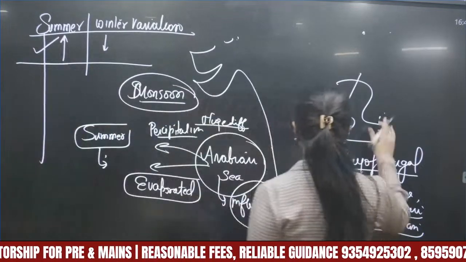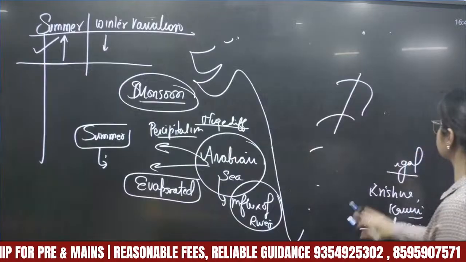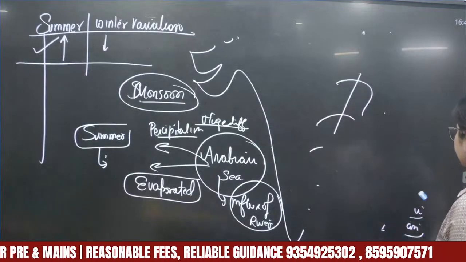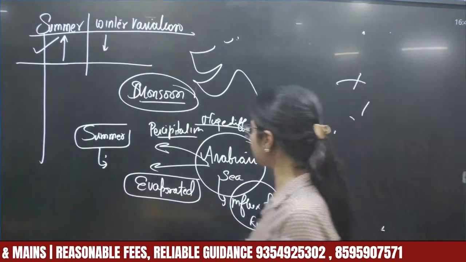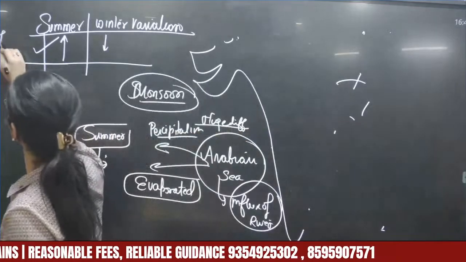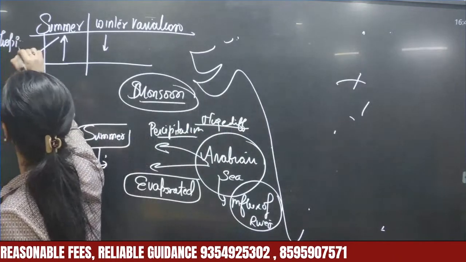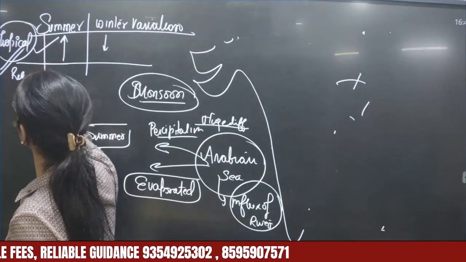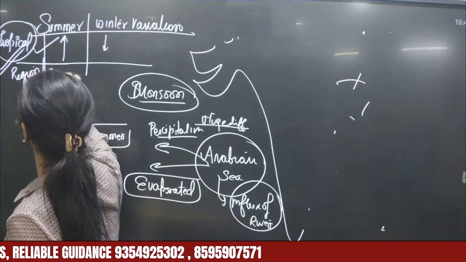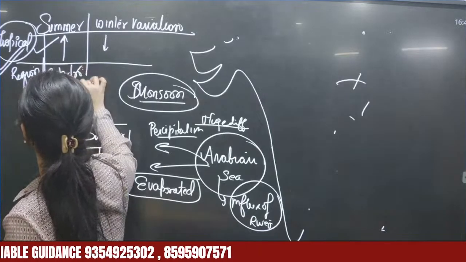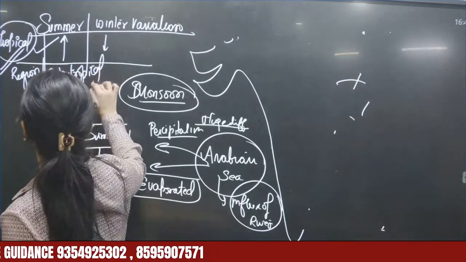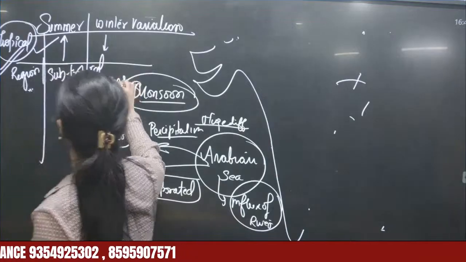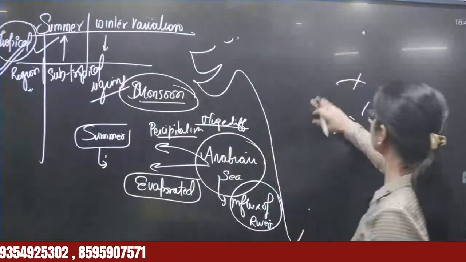No, these are talking about the tropical regions, so the things are different. But if I change the scenario and take the example of polar regions, what will happen? Things would change.